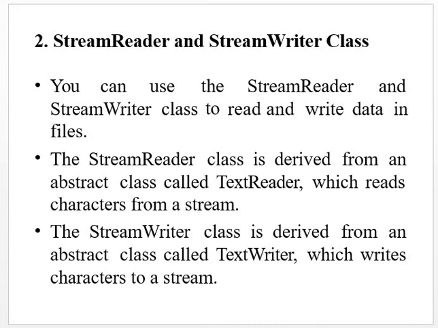Now the StreamWriter class is derived from the abstract class called TextWriter. Likewise, TextWriter writes characters to a stream. So this is the basic use of the StreamReader and StreamWriter classes. Again, StreamReader is used to read characters from a stream and StreamWriter is used to write characters to a stream.